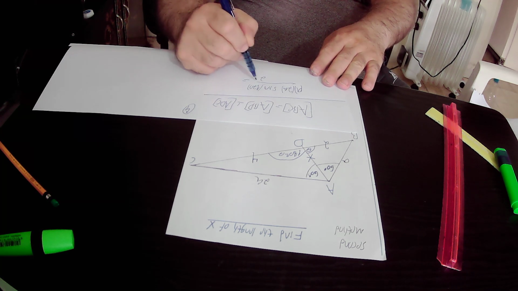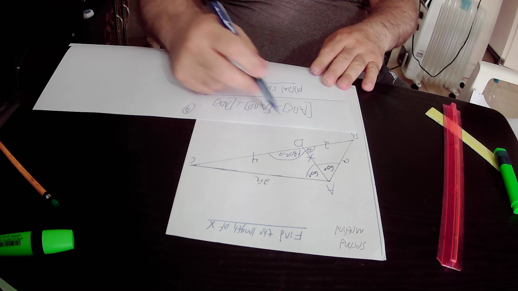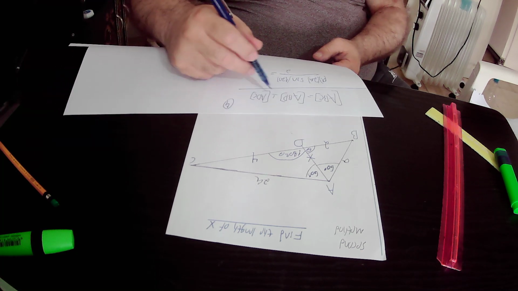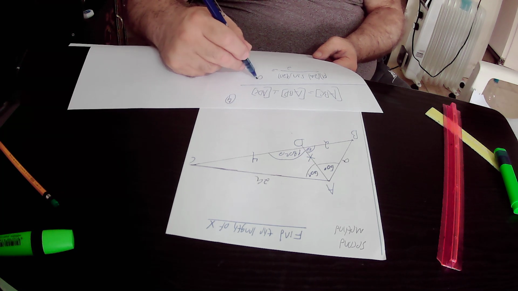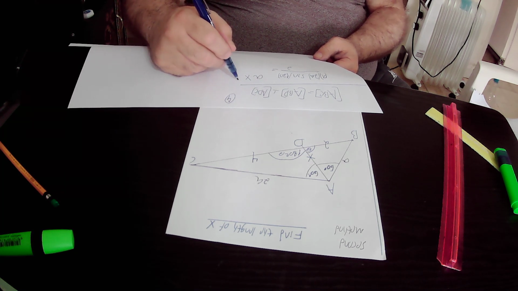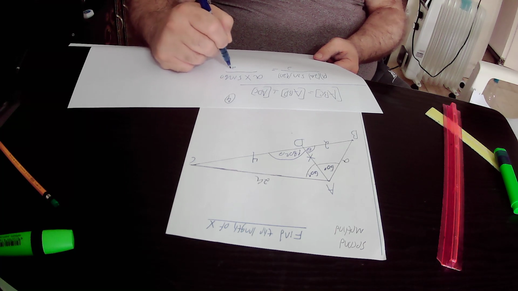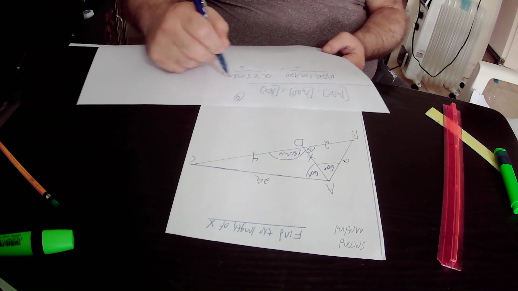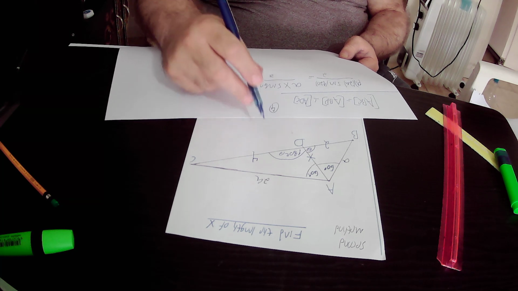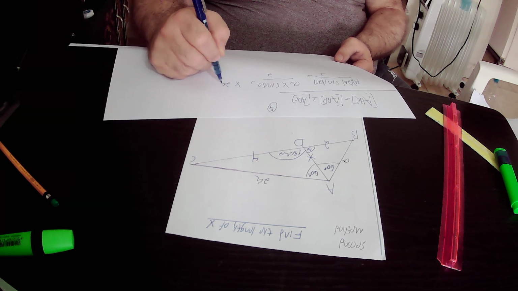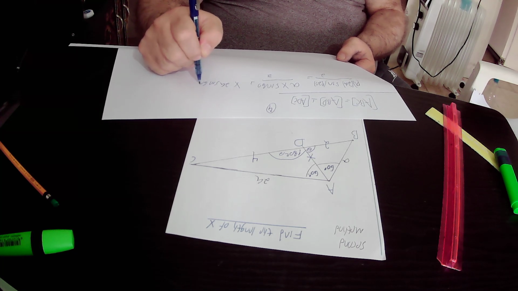Okay, this is the area of triangle ABC. The area of triangle ABD, according to the new formula, will be equal to A times X times sine of 60 degrees over 2. And the area of triangle ADC will be equal to X times 2A times sine of 60 degrees over 2.